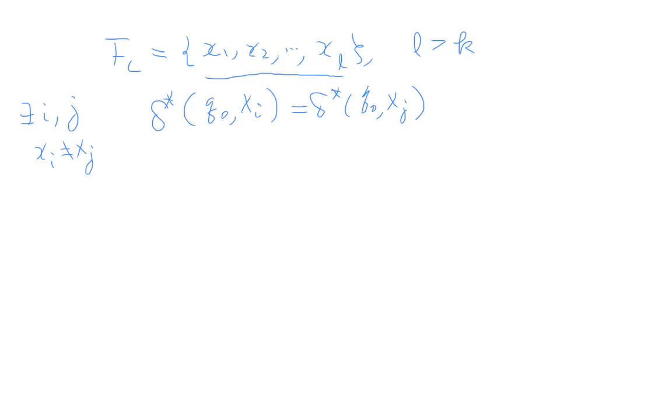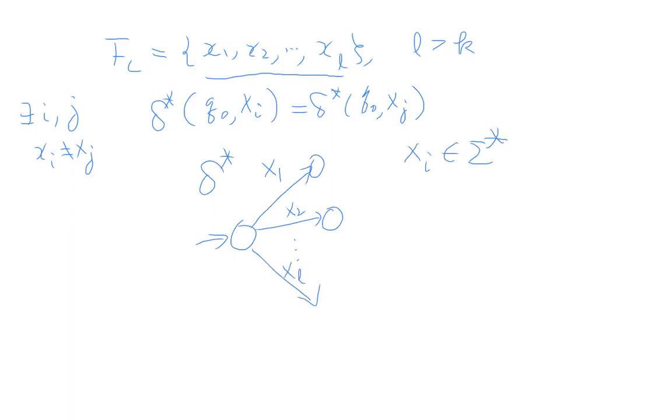So start from the initial state, we got x1. This is delta star. These xi's are strings, up to xl. So some of these two will have to end at the same state. Let's say xi and xj are the same, so we call them i and j.